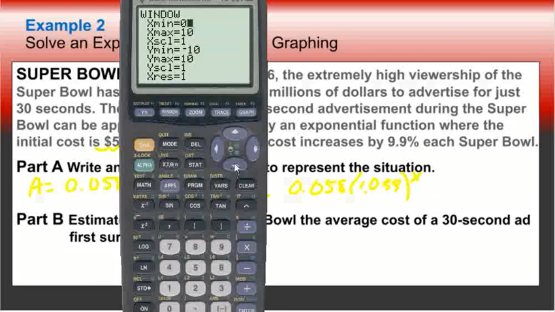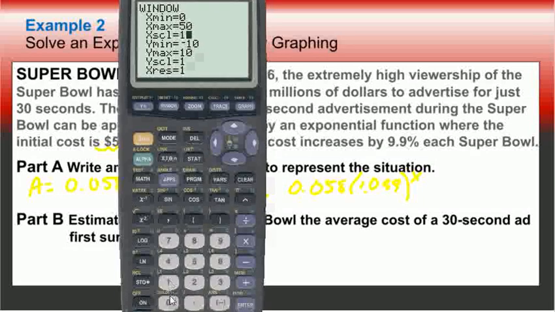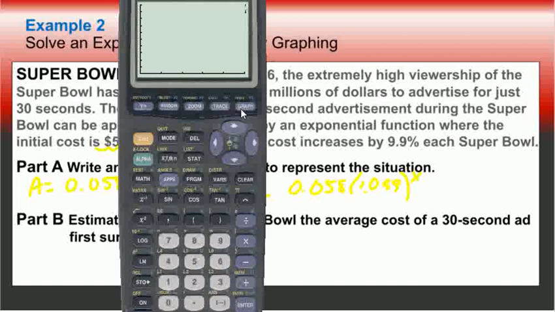Let's make the maximum 50, count by tens. Y minimum 0. To make the maximum, let's make this 500, and we'll count by 50s. Let's see if this one shows up.